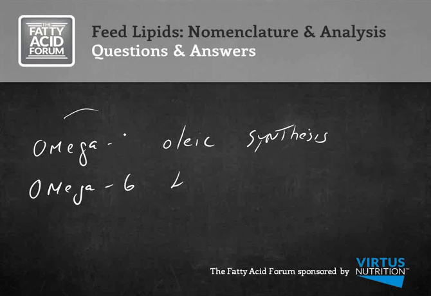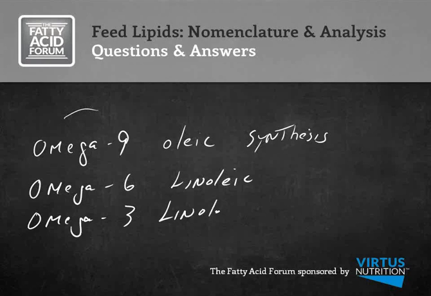But the omega-6, which was linoleic acid, I'm sorry, somebody probably caught that mistake. Oleic acid is omega-9. The omega-6 fatty acid is linoleic acid, and the omega-3 we said was linolenic acid.